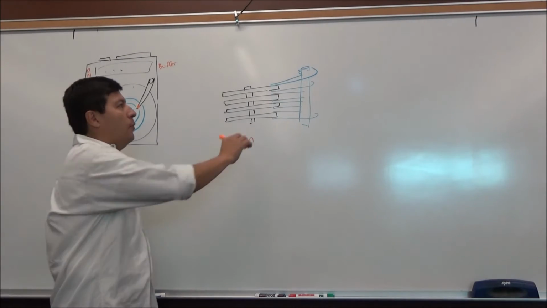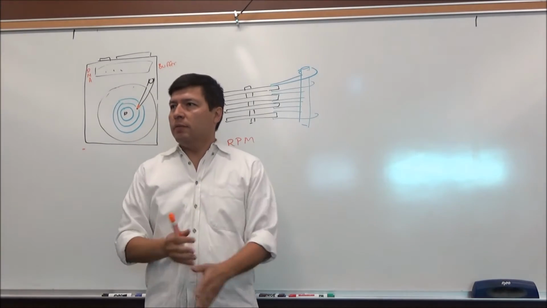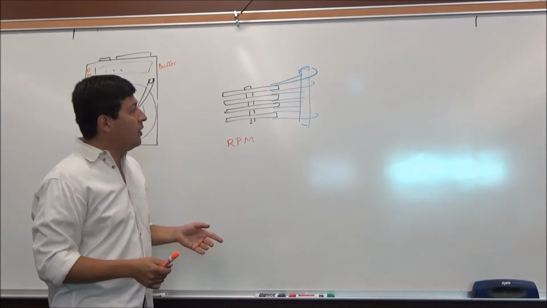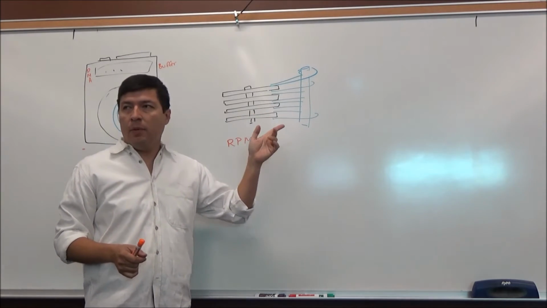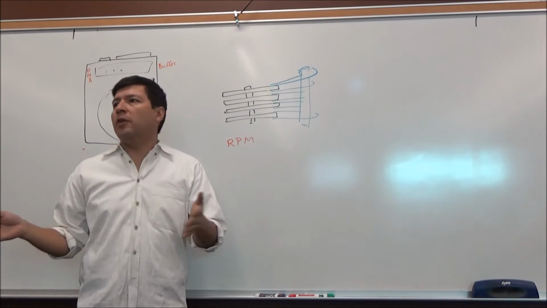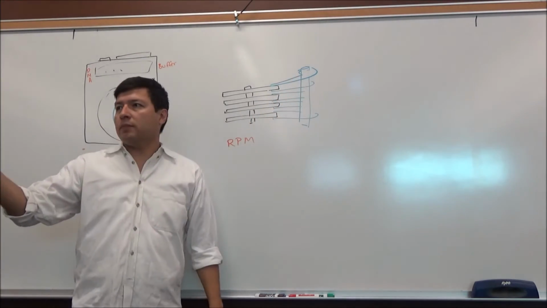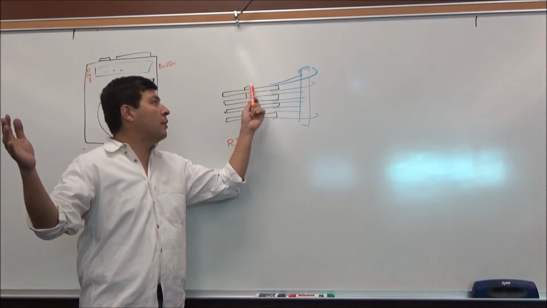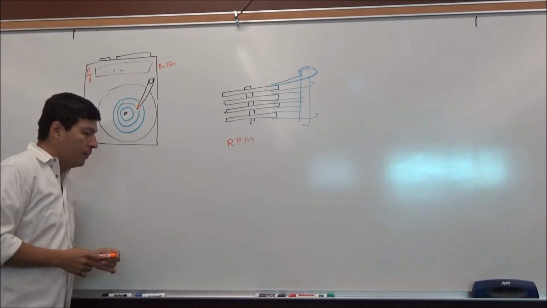See, all the arms, they all move together. They don't cross. So in essence, in here I have 4 disks, I have 8 surfaces, 8 heads, but I'm only using one at a time, because the other ones are just going along for the ride, because this thing moves all together, and this is spinning in the same direction. They're not out of sync.